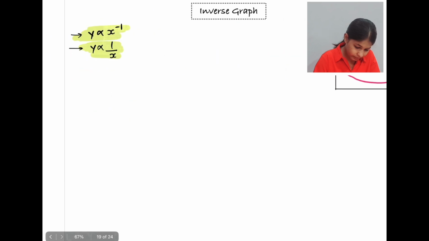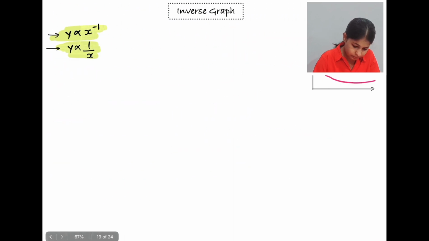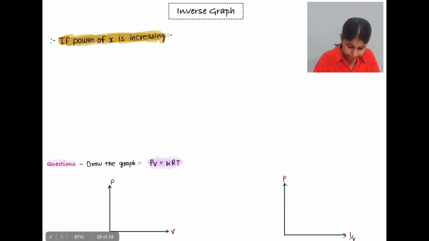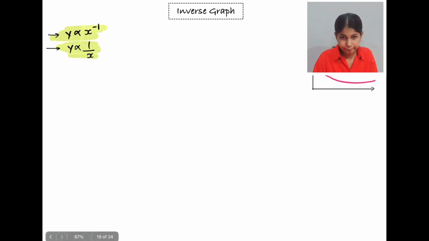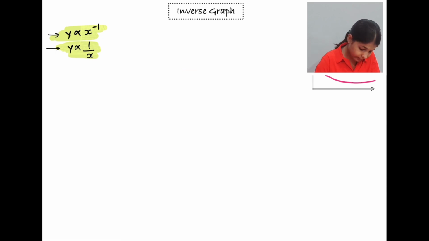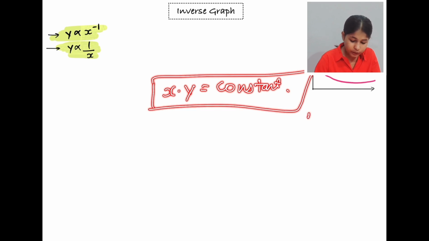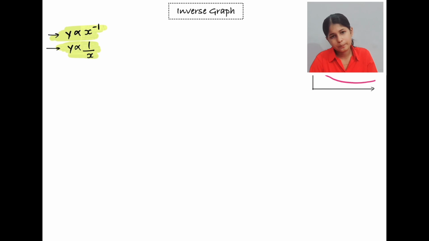Also, one more thing. If, for example, P and V, if x into y is equal to a constant, meaning the equation is given like this, x into y is equal to constant, will it be inversely proportional?